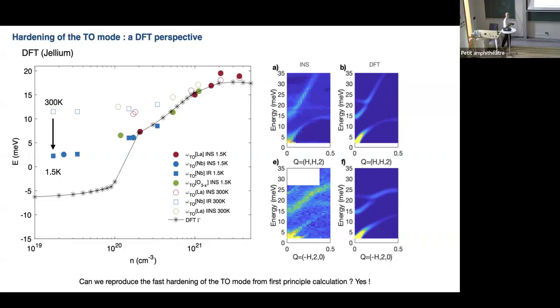At zero doping, of course, the DFT calculation gives an imaginary result because the TO mode is unstable. But at some point, you see that it becomes real and actually follows the trend of what we observe. The calculation has been done in the jellium picture, where we just add some electrons without changing the orbitals of the system. So this is good evidence that what really matters to this hardening is the number of electrons that you add to the system.